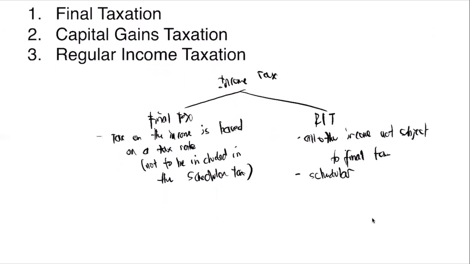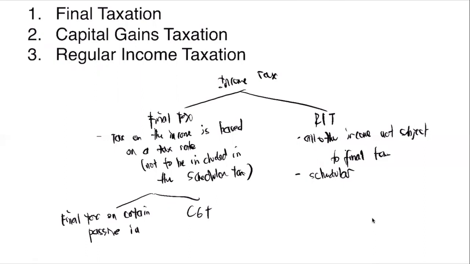And your final tax can either be a final tax on certain passive income or a capital gains tax. Okay? A final tax on a certain passive income or a capital gains tax.